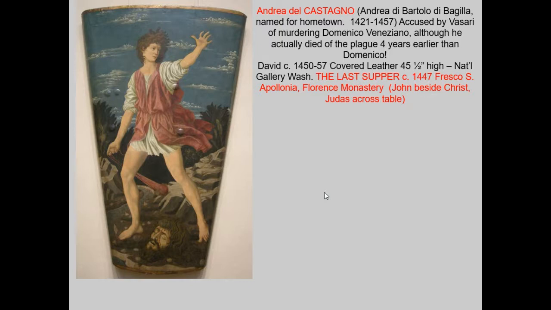And most of the time he's depicted in a very youthful form. Now, this painting is on a shield. A lot of artists did do work on objects that were intended for practical use to some degree, but by virtue of the beauty of the painting, of course, they've elevated this useful object to another category.